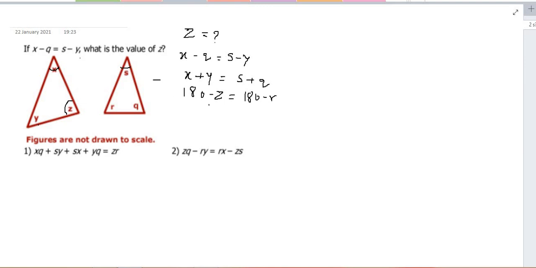Now you can cancel this 180 term out, and you will get z is equal to r. So it means that in this triangle, angle r is equal to angle Z. This is what you conclude from the given information.